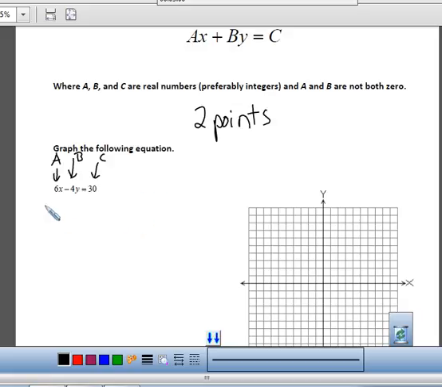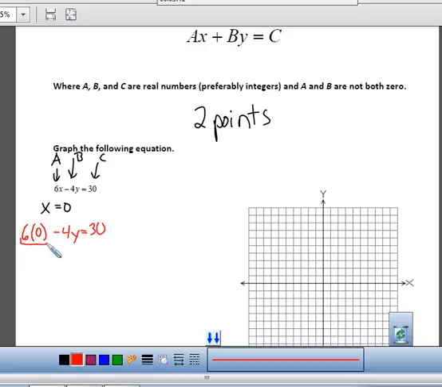Alright, so we're going to start by finding what we get when x equals 0. So I'm going to take, kind of like when I do my check for solving equations, I'm going to rewrite the equation and I'm going to substitute 0 in for x. And watch what happens.